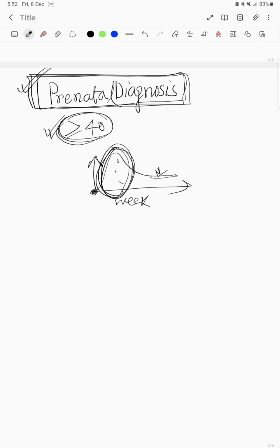So, what are the main cases in which we need prenatal diagnosis? The main cases, as I told previously, are if the mother is greater than 35 or 40 years old. If the family has any history of congenital anomalies. If a previous child was defective or an abortion had occurred in a previous case.